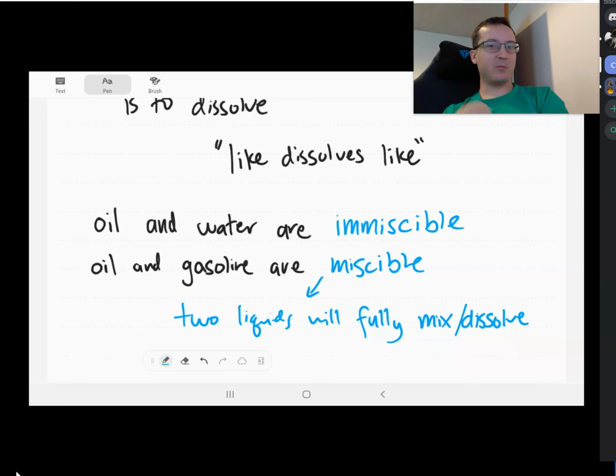You can keep adding more salt, and you're just going to have salt at the bottom. I guess we haven't talked about that, but it's something you've experienced in real life. Same with sugar. However, with liquid solutes, no matter how much ethanol you put into your water, it will always dissolve, because miscibility means that these can fully mix together.